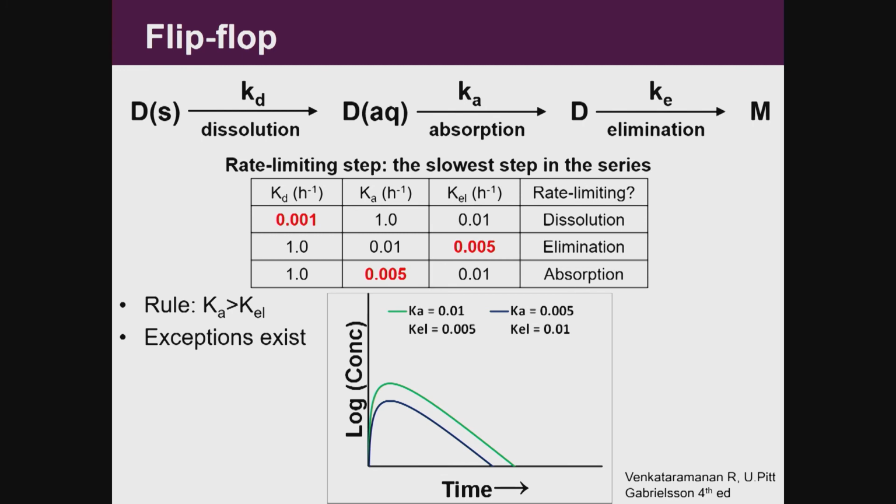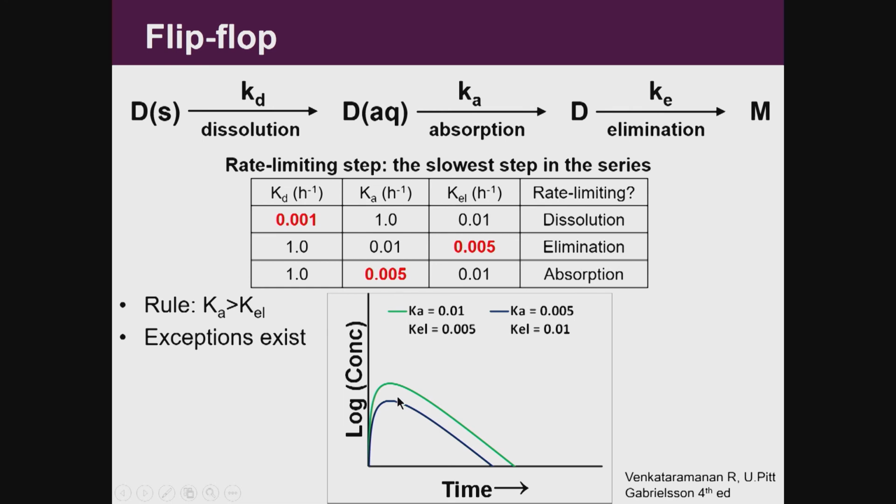But exceptions exist. So here in a graph, we see in green the common situation, where Ka is higher than K elimination. And so we are accustomed to thinking of the terminal elimination phase as reflective of the elimination process. But here I simulated a curve in blue where we reversed these values.